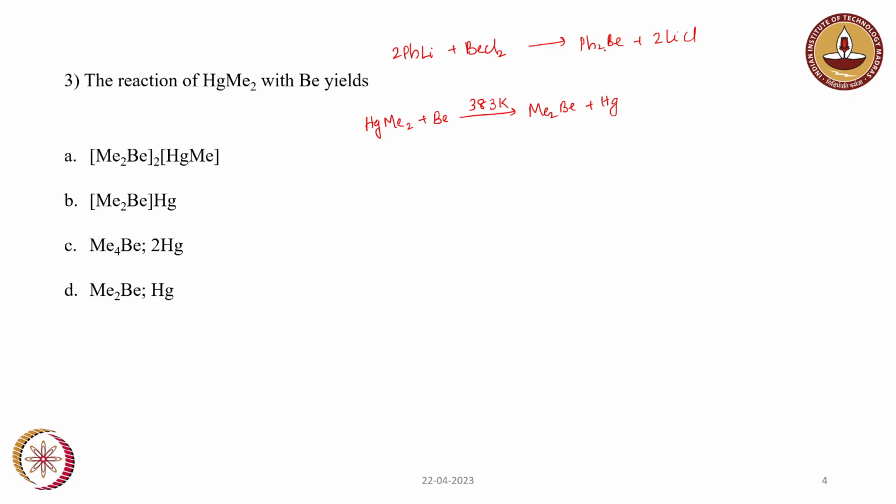So in the vapor phase, Me2Be is monomeric and in a linear form, and in the solid state Me2Be will be polymeric.